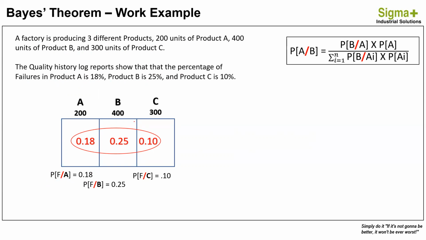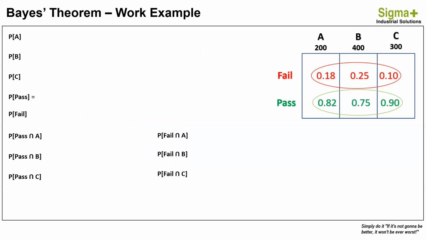The probability of fail subjected to product B is 25%, and the probability of fail under the condition that the product is C is 0.10 or 10%, right? So those are the first pieces of information that I can conclude. Now let's calculate together all the possible probabilities.